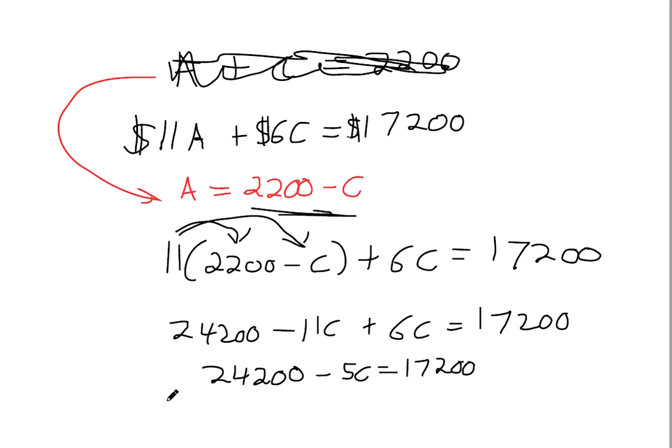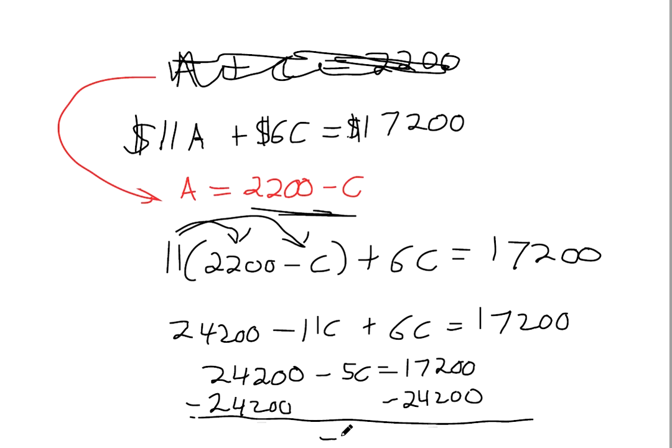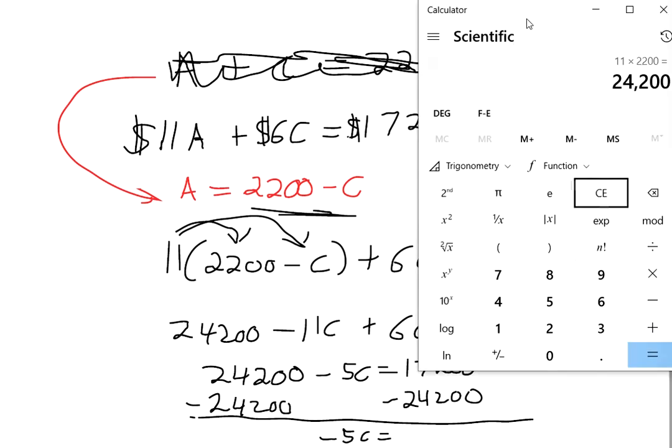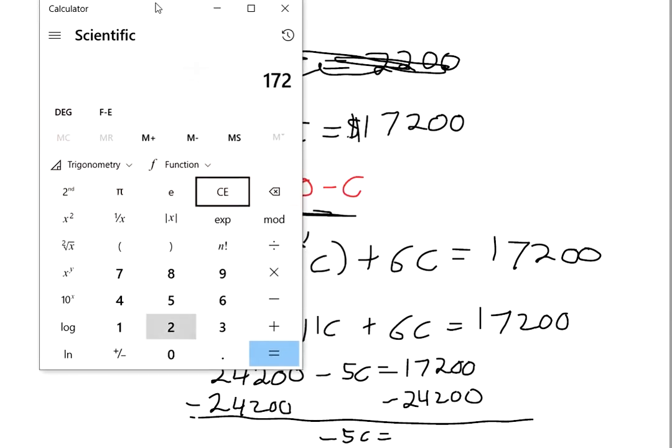And then trying to get C by itself, we could subtract 24,200 from both sides. And that leaves us, don't forget that negative sign that's out in front of that 5C. That's negative 5C equals, we got 17,200 subtracted by 24,200. Makes negative 7,000 over here.